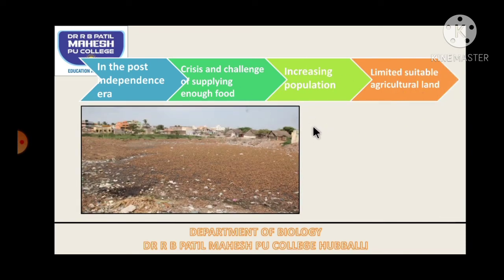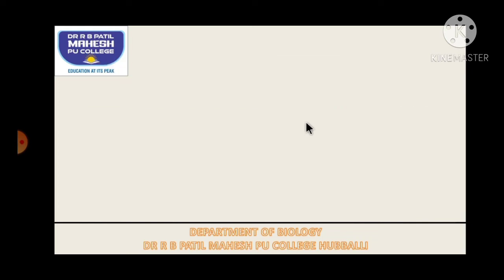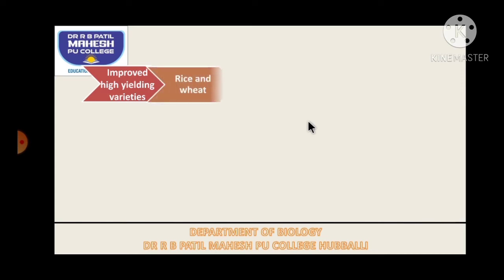In spite of all these challenges, we have achieved great things in agriculture by accepting different improved varieties of plants. So we have produced improved high yielding varieties of plants like rice and wheat, which are the main staple food of our country.